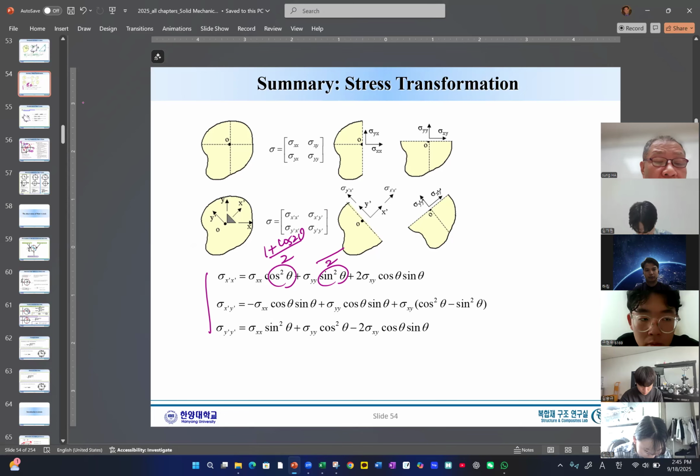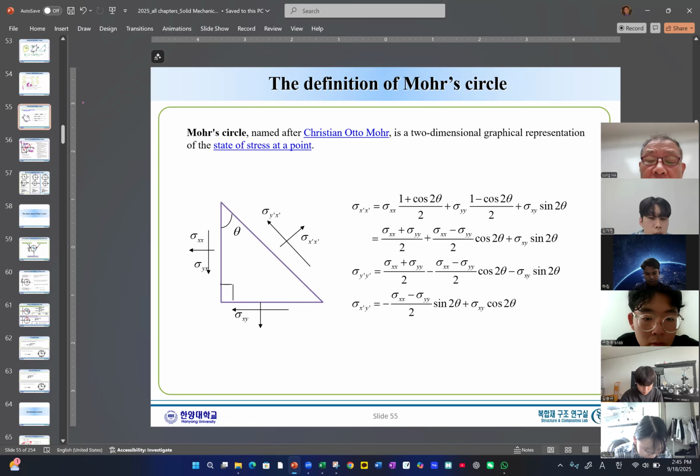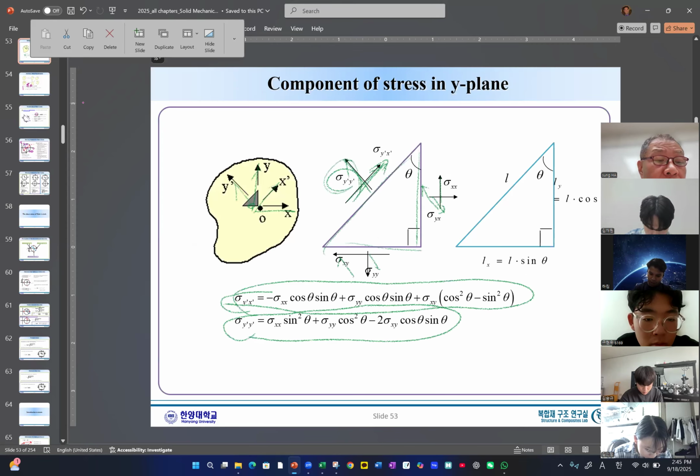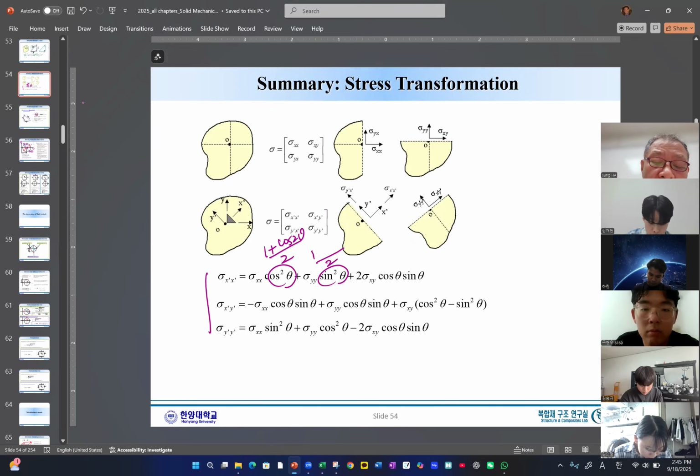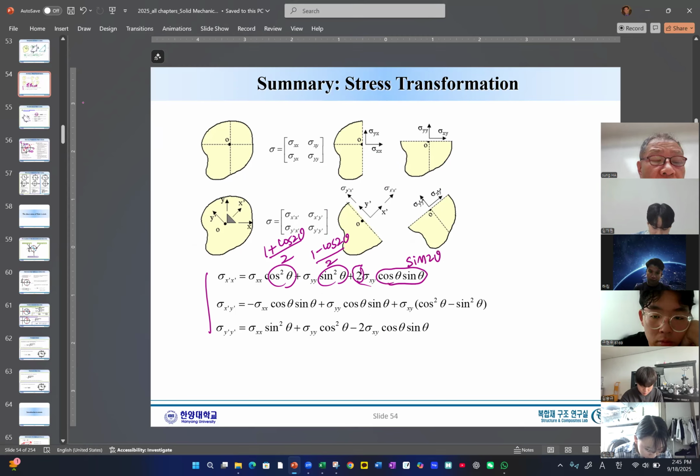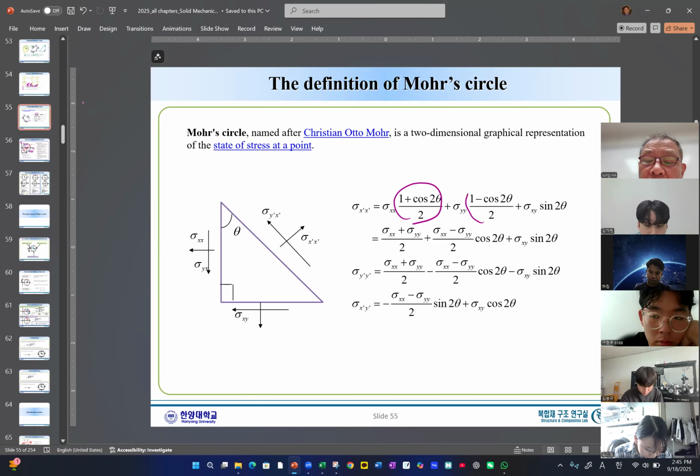That is what we have here. So 1 minus cosine 2 theta here. And what is this? 2 times cosine theta and sine theta, and simply this is sine 2 theta. So using these types of identities, when we put it here, we simply get these terms.